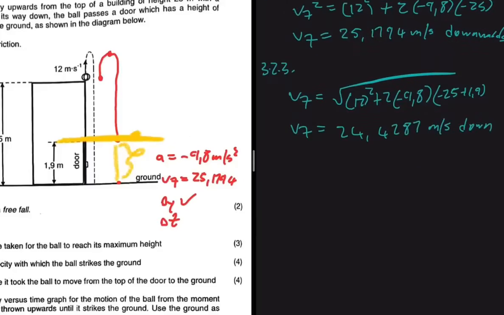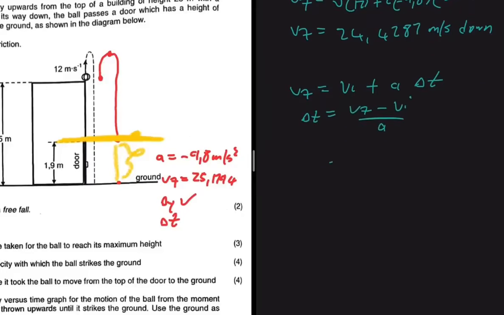This VF that we have here is basically going to be our VI for the motion from the top of the door to the ground. So now our favorite formula: VF equals VI plus A delta T. We're looking for delta T, so if we make delta T the subject of the formula, we get delta T equals VF minus VI, divided by acceleration.